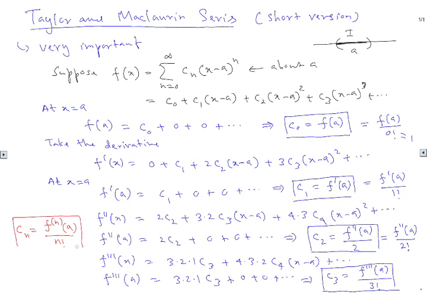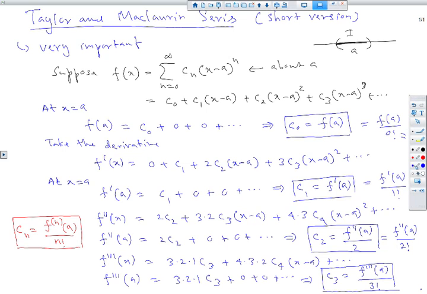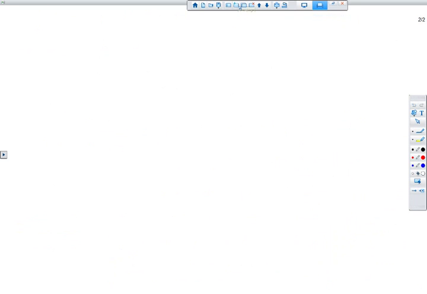That is the general coefficient. Once you put those coefficients in, you get what we call the Taylor series. It's a very simple idea. This is the only thing you need to remember, the formula for the coefficient. Everything else is pretty clear. So let's continue. We can have the definition of the Taylor series.